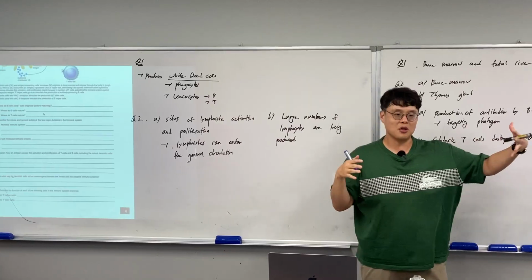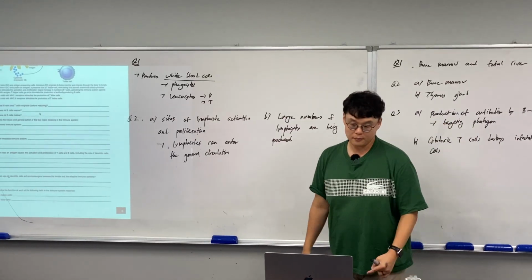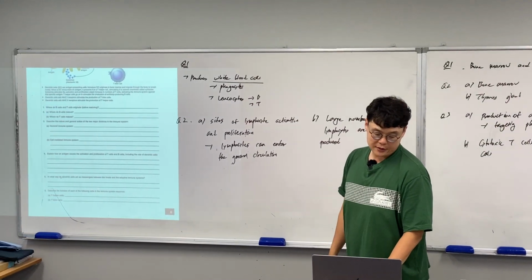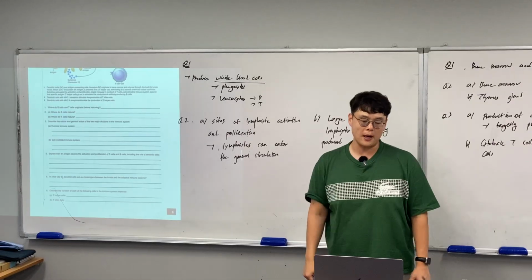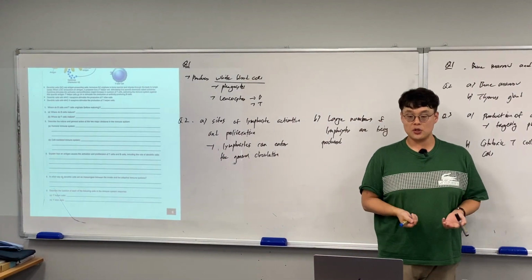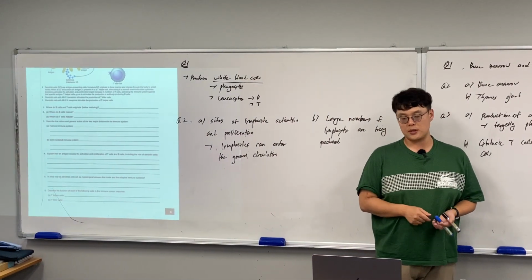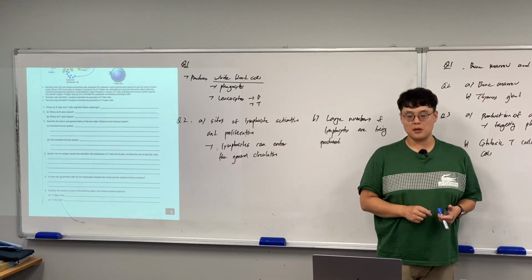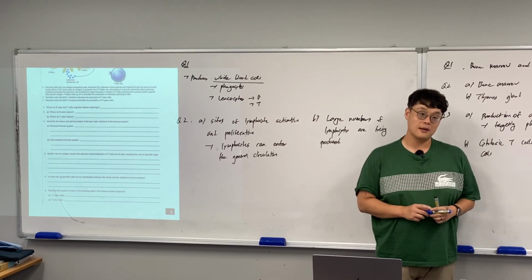And the story continues from that. So we say dendritic cells act as messengers by processing the antigens and presenting them to the T cells so that specific antigens can be recognized and targeted.